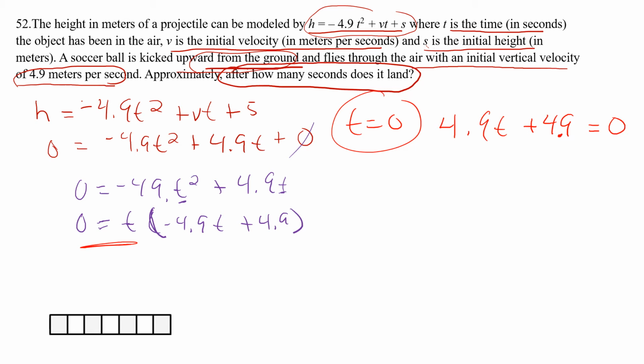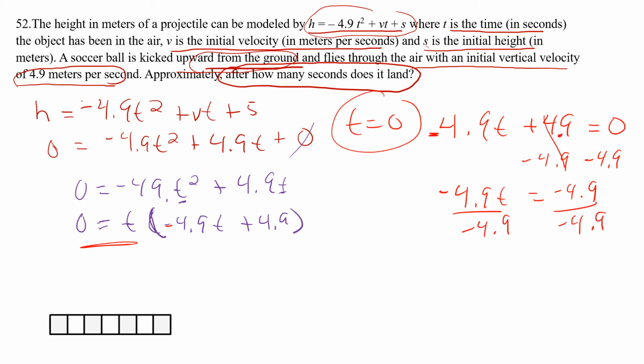Alright, and so I'm solving this. Subtract 4.9, and I forgot this negative. Let me not forget that. I had a negative here. So negative 4.9t cancels out. And 0 minus 4.9 is negative 4.9. And look, I'm going to be left with a nice whole number here.